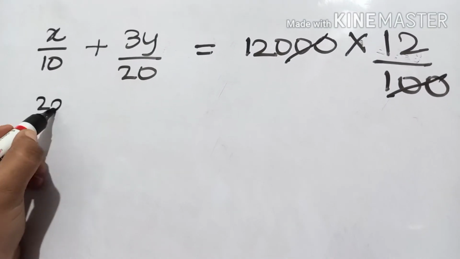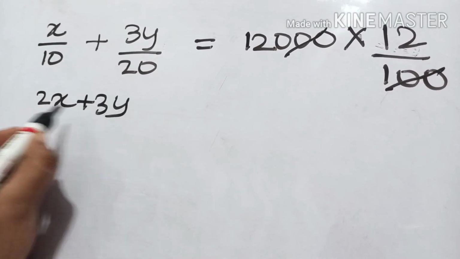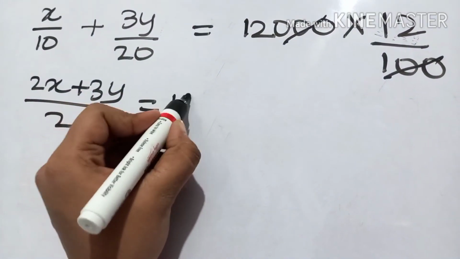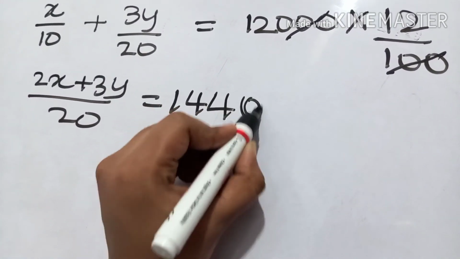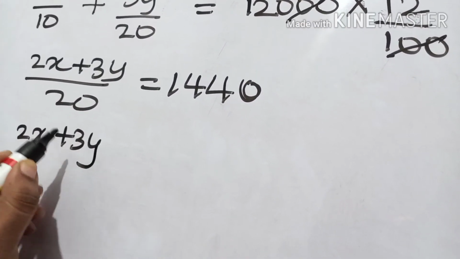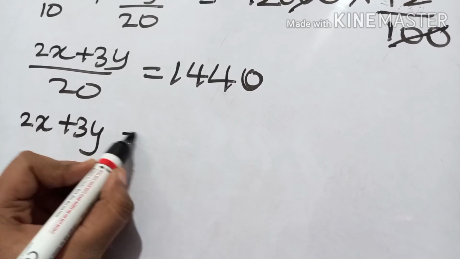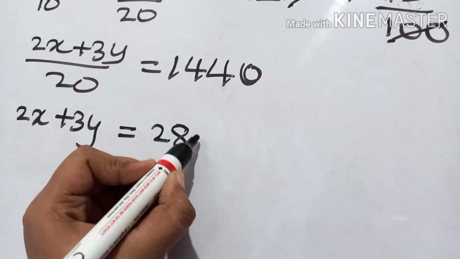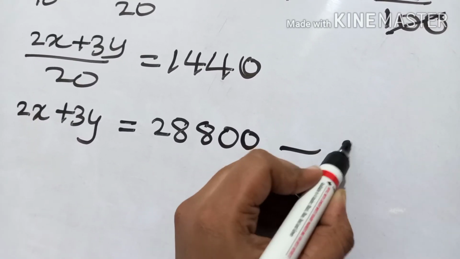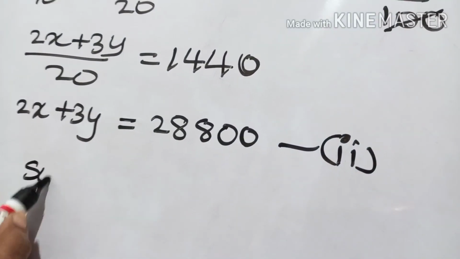Now we are going to get 2x plus 3y by 20 is 120 into 12. Now 2x plus 3y is 20 into 1440, which is 28,800. Let this be the second equation.